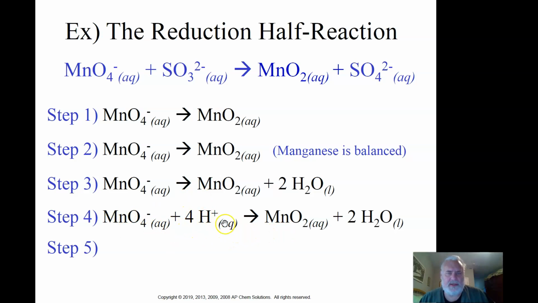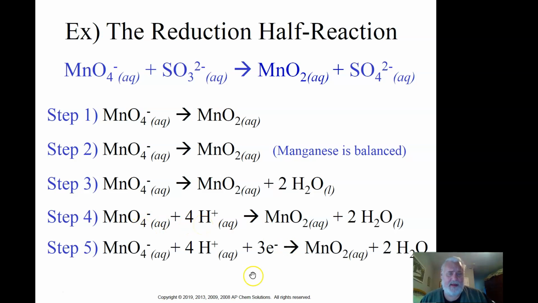So now you can look at this reaction. It is a reduction, so that means the electrons have to go on the reactant side. So I need to add enough electrons to get rid of the excess plus charges. Now there's no charges on the right side, but you do have 4 pluses, and then with that minus, that makes 3 pluses.